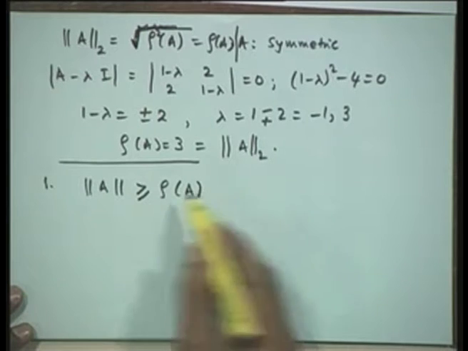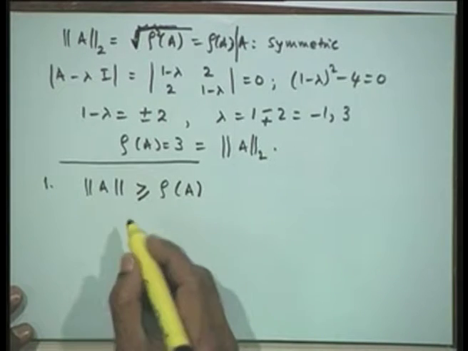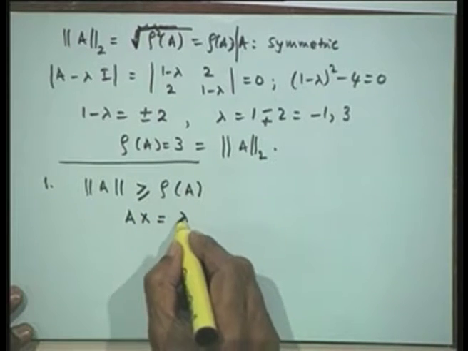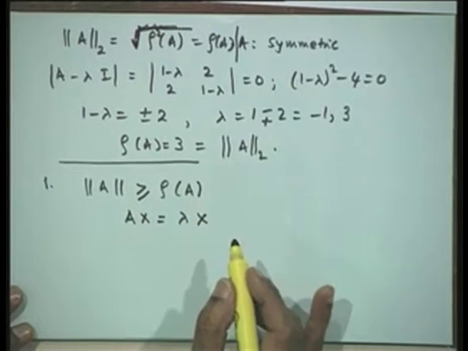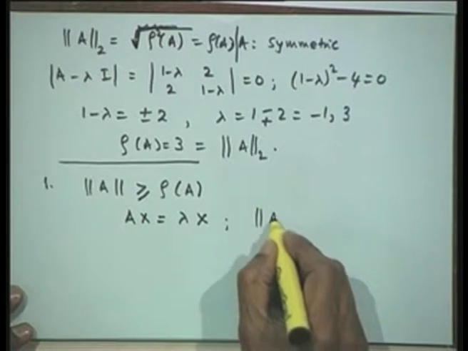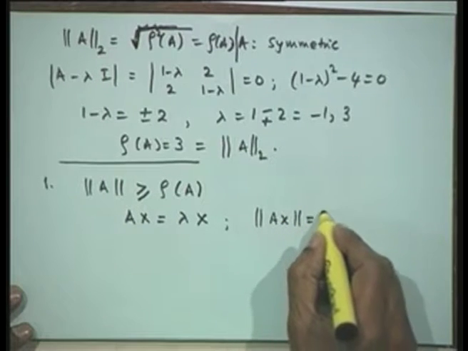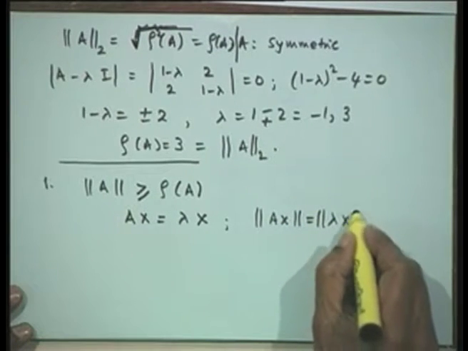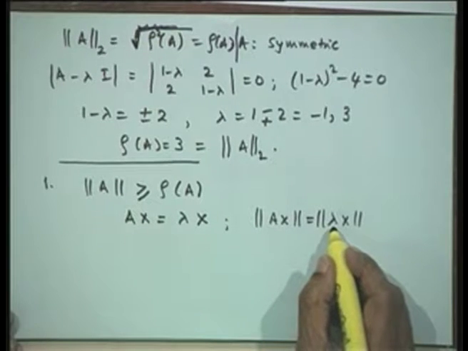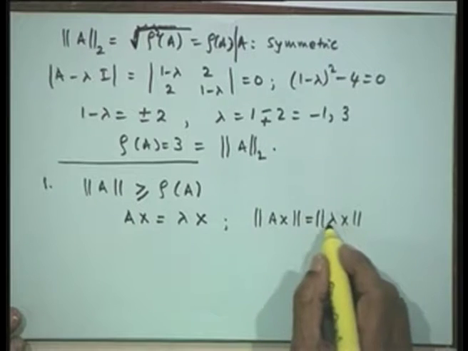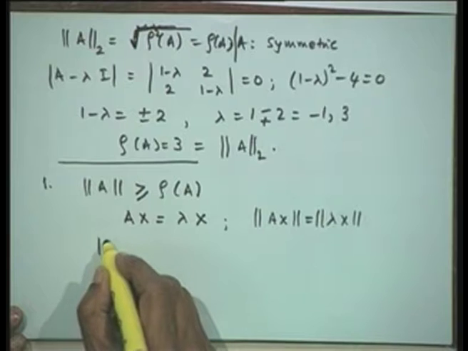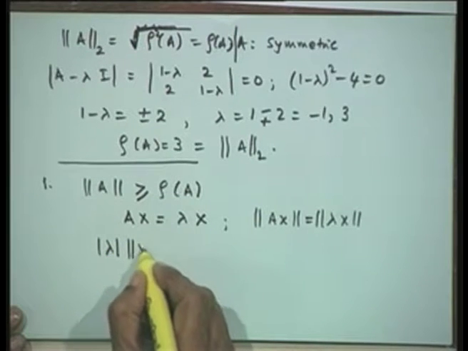But the proof for this is just one line from the definition of an eigenvalue of a matrix. So, if I write down Ax is equal to lambda x, the definition of an eigenvalue problem, I take norm on both sides. So, I will write down norm of Ax is equal to norm of lambda x. Lambda is a number which is real or complex, therefore, it comes out as magnitude of lambda. So, that is magnitude of lambda norm of x.